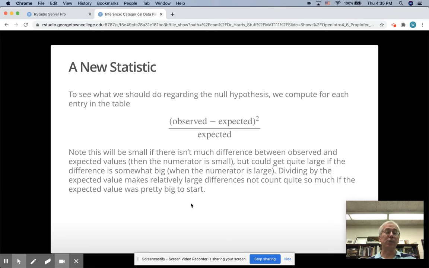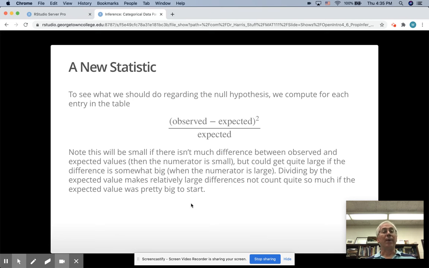So if I have a higher expected count, I shouldn't penalize a difference between observed and expected as much. So if the null hypothesis is reasonable, then this quantity should be pretty small for each entry in the table, and therefore the sum of all these numbers should be relatively small as well.